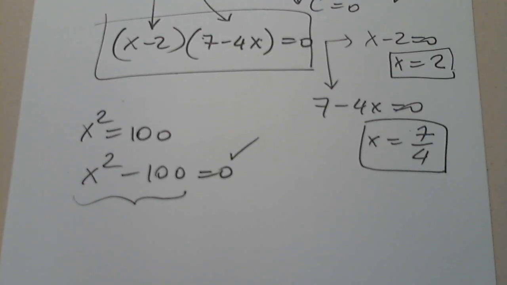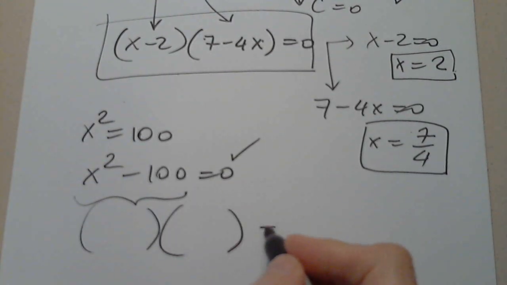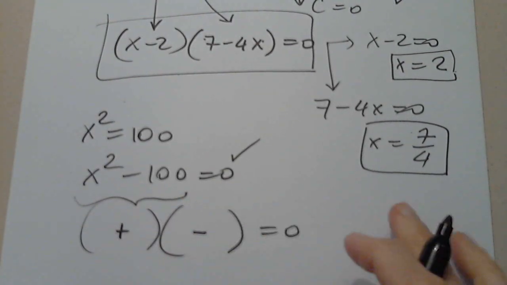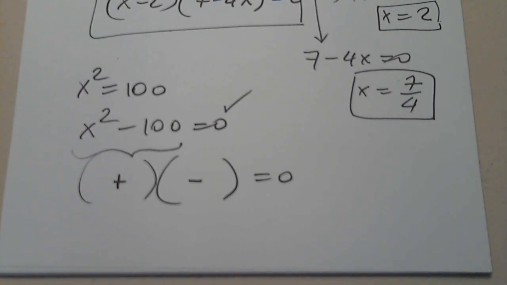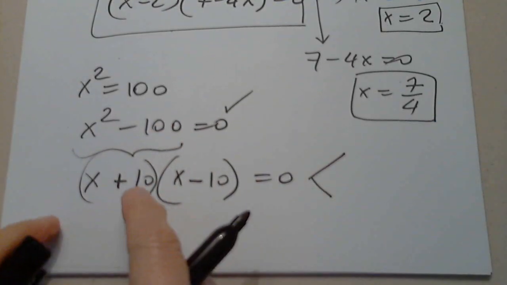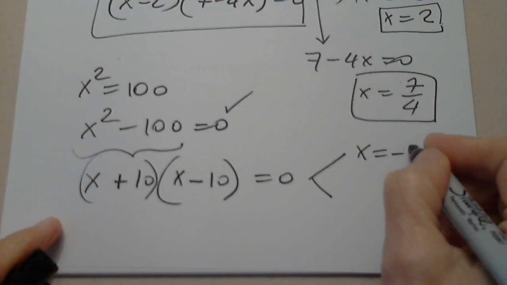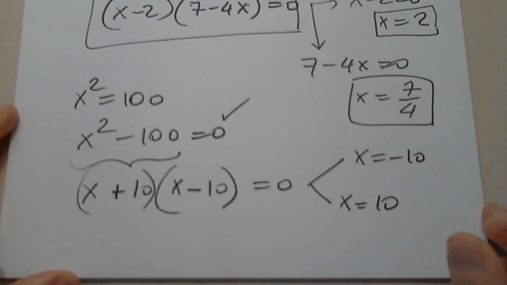Which one is it? It's a difference of squares. Then I have to prepare 2 binomials, one with plus, one with minus: x plus 10, x minus 10. Very good. So if the first factor is 0, then I get x equals negative 10. If the second factor is 0, then I get x equals 10.